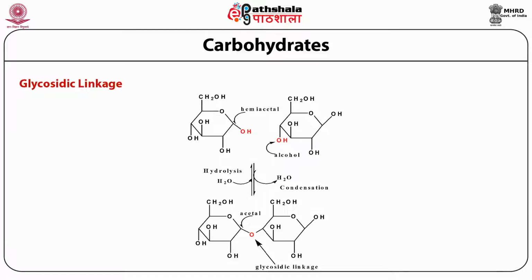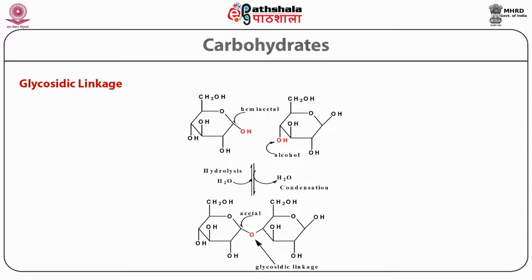Either it may be alpha or beta, depending upon the nature of the bond formed. It extends to a trisaccharide and up to a polysaccharide. So glycosidic linkage is the linkage between two sugar units via an ether linkage. We can also say it is a 1,4 linkage, and sometimes a 1,6 linkage may happen.